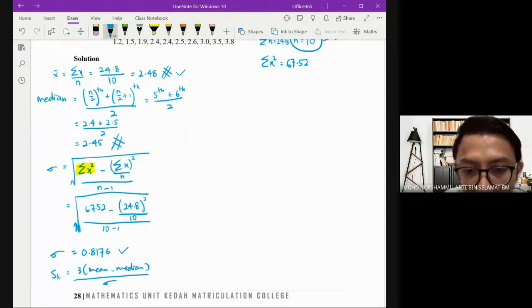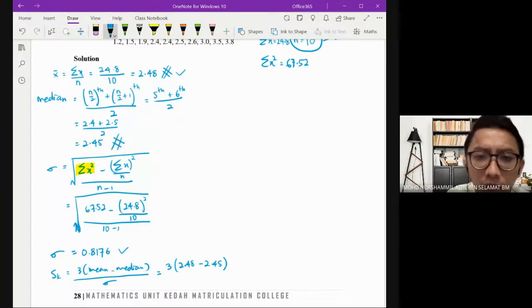Alright, so let's calculate this one. Now we can happily calculate this. 3 times mean 2.48 minus our median 2.45. This one no need to keep as 4 decimal places because 2.48 and 2.45 are exact values.